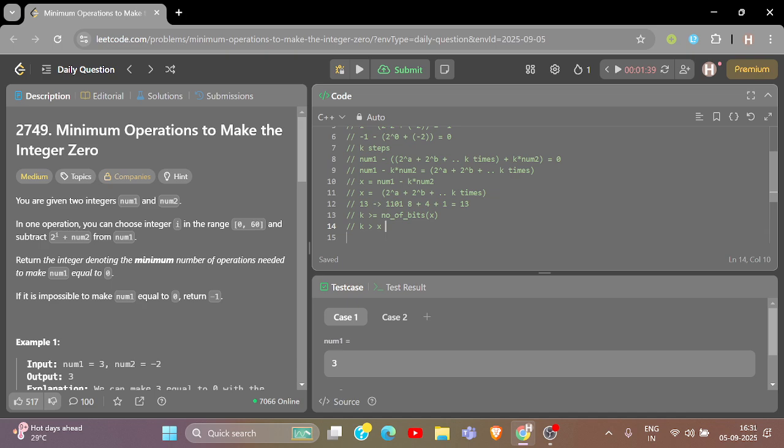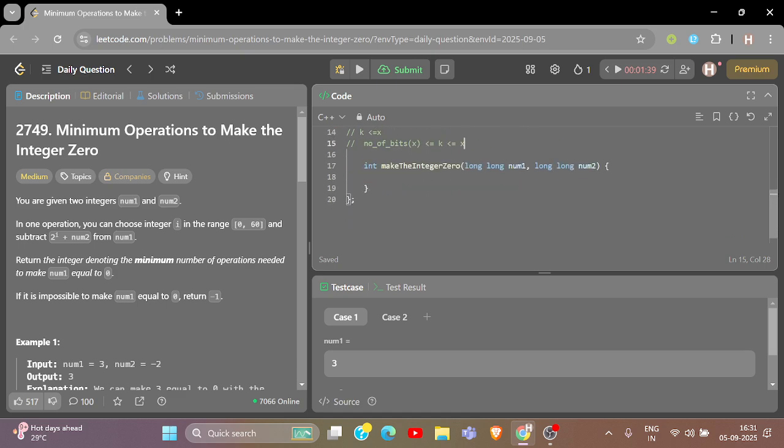So my k must be less than or equal to x. So the number of bits of x must be less than or equal to k, and k must be less than or equal to x. That's the final thing I got, and using this I can easily get to my answer.